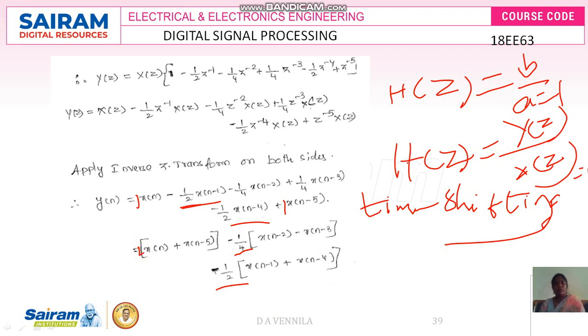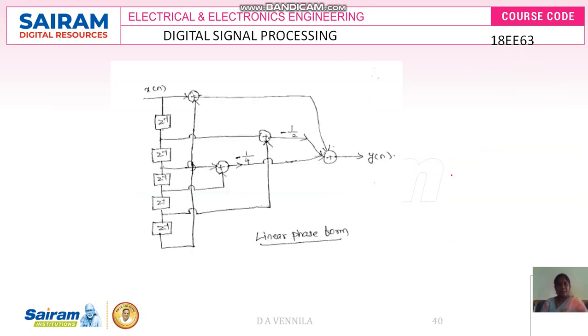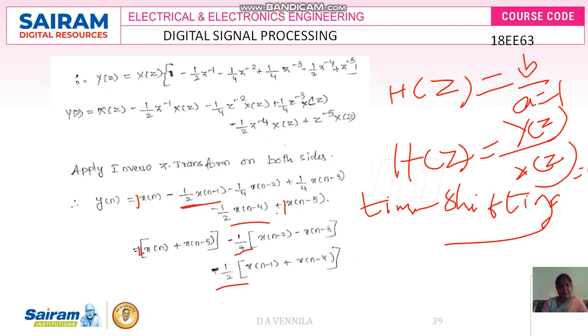Then next I am going to realize the linear phase structure. How to realize it? First you need to draw how many delay elements there are totally. There are 5 delay elements, since the first signal is not shifted.